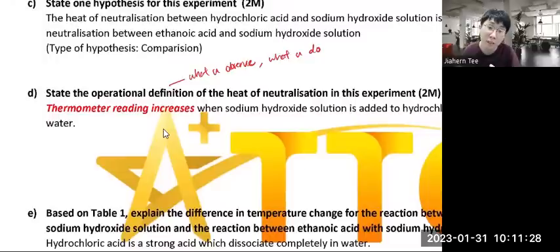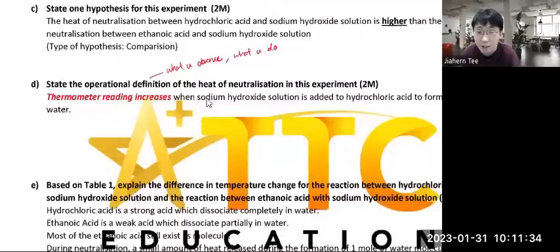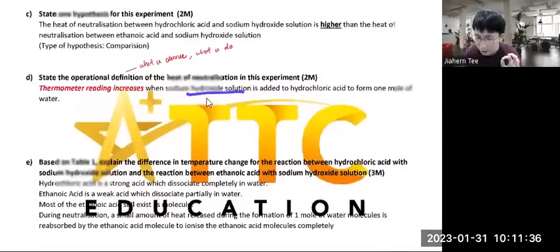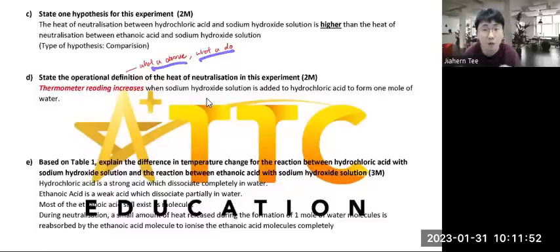But how you get the thermometer reading to increase is basically when you add your acid into alkaline, so when sodium hydroxide is added to hydrochloric acid to form 1 mole of water. This is basically to get you 2 marks in one simple sentence, but students cannot do this all the time. So always remember what you observe and what you do is what you need to write in your operational definition to define the thing from here.